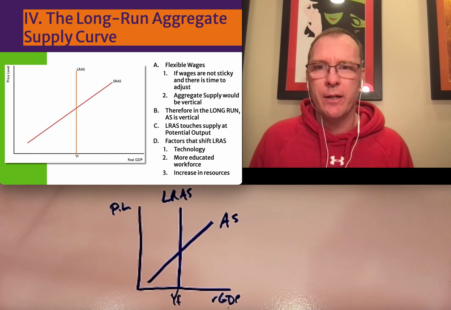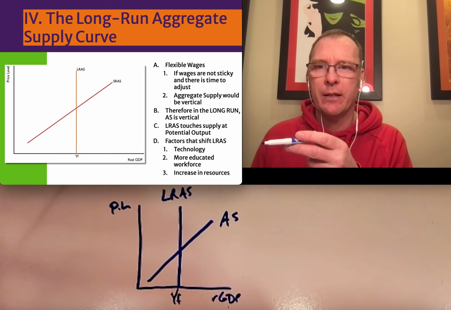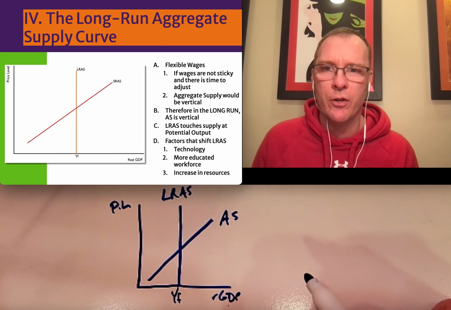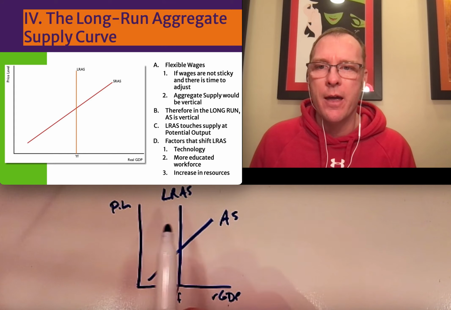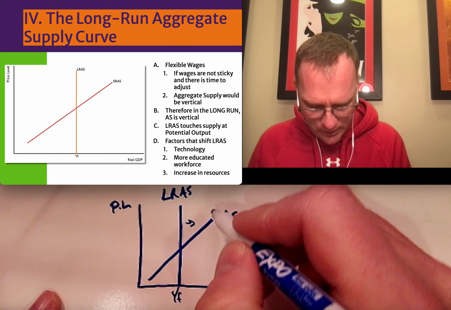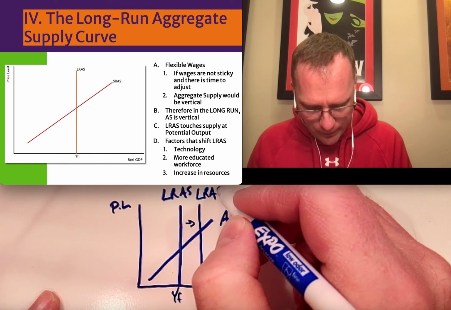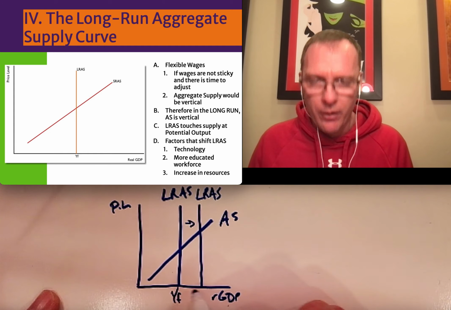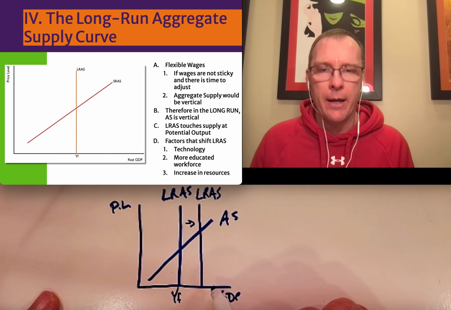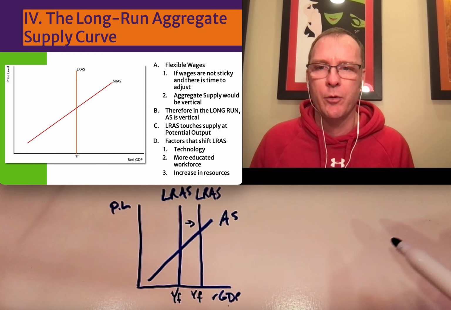If a question tells you one of these three factors over here on the side, like technology, a more educated workforce, or an increase in resources, then we might see this long run aggregate supply curve move over. So we might see something like this, right? But that means our entire economy had some fundamental change that caused us, at full employment, to be able to produce more.